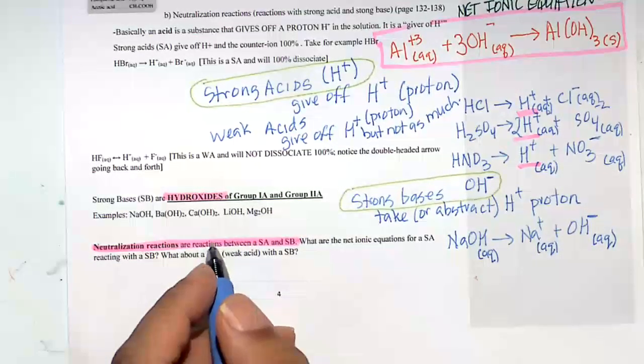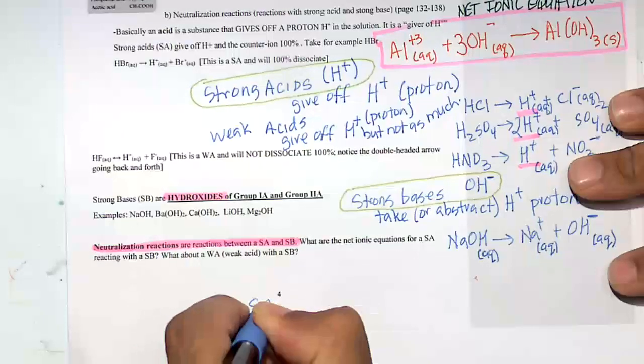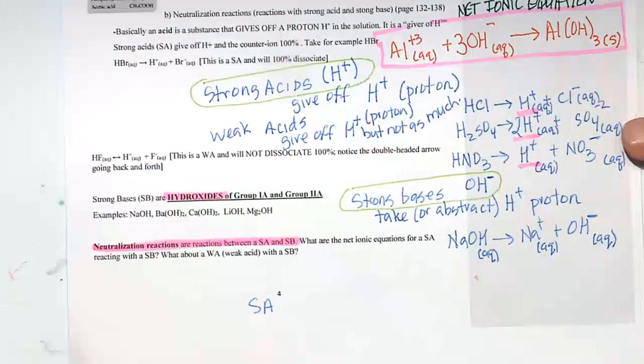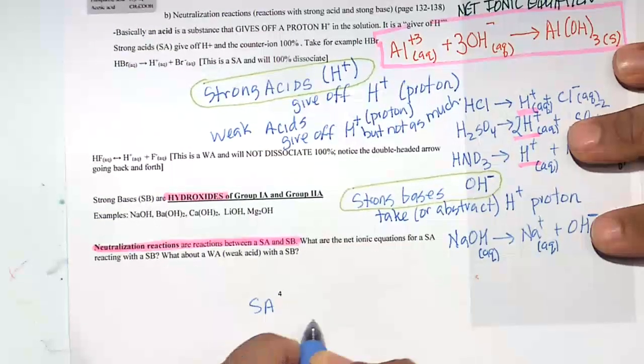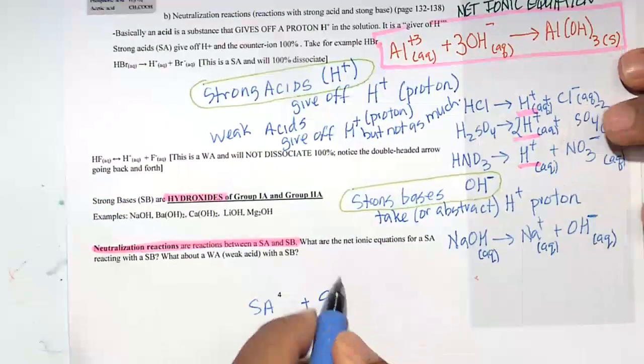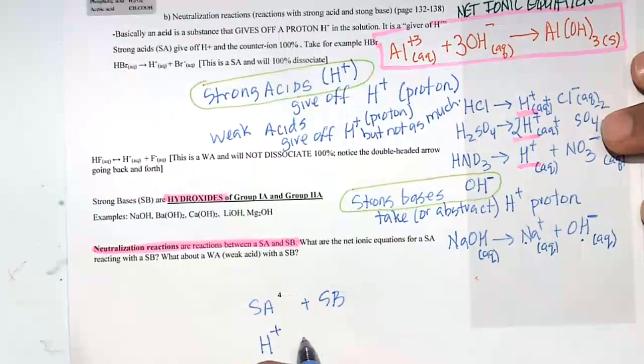All right, yes, as you mentioned, Husong, a strong acid with a strong base, they neutralize each other. So a strong acid is nothing but H plus with a spectator ion. Okay, a strong base is nothing more than OH minus with a spectator ion.